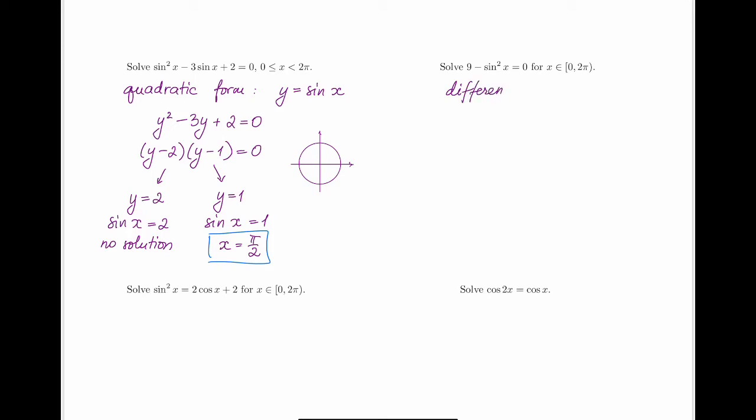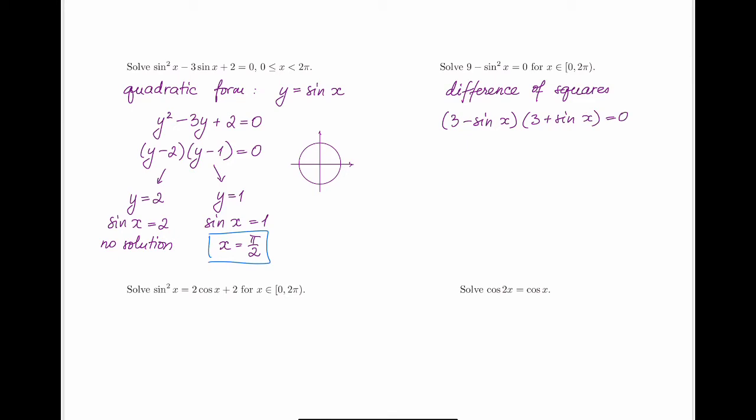I'm going to notice that the left-hand side is the difference of squares, and therefore I can factor it as such. So remember the difference of squares, this is 3 squared, this is sine squared. So if I factor it, I'm going to get 3 minus sine of x, 3 plus sine of x.